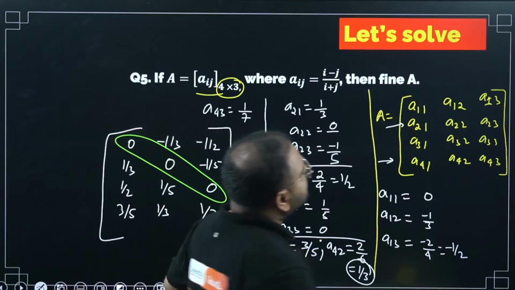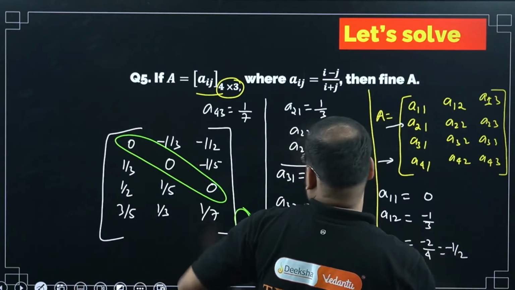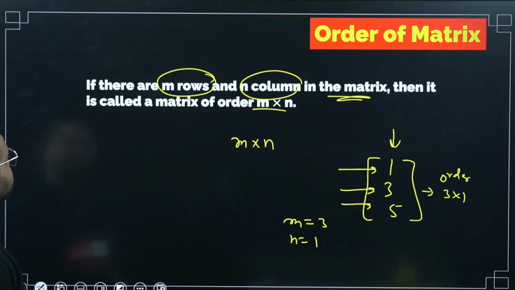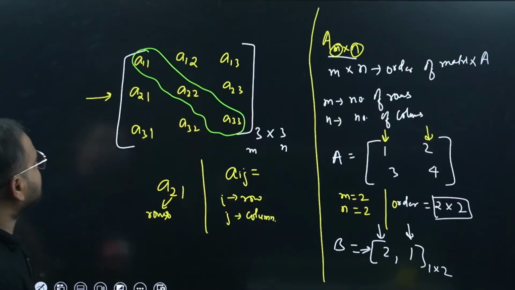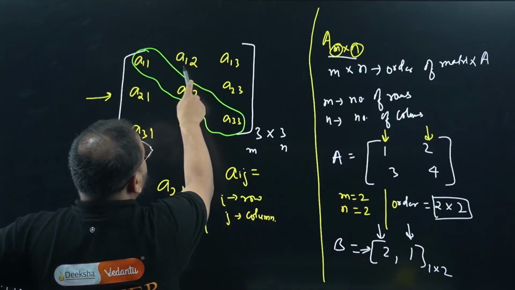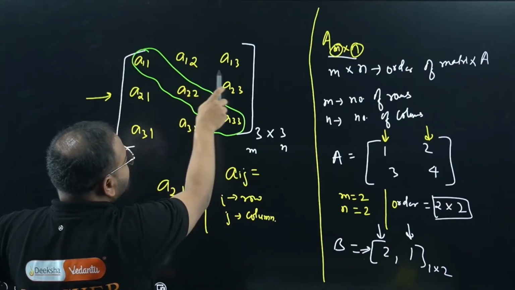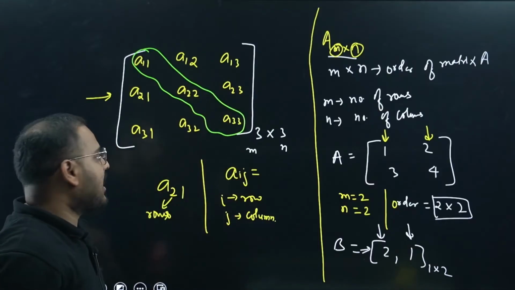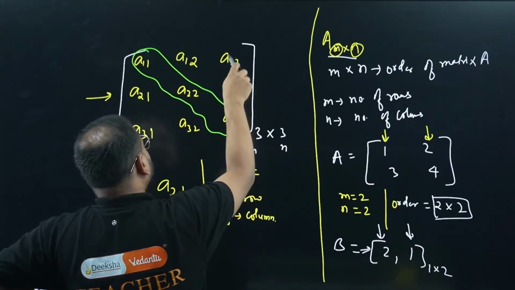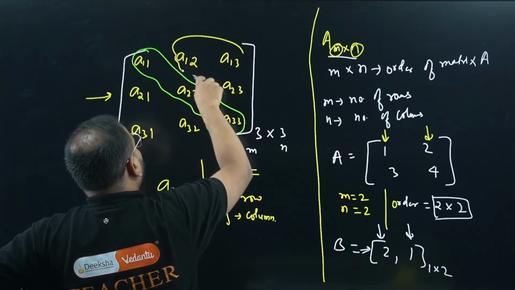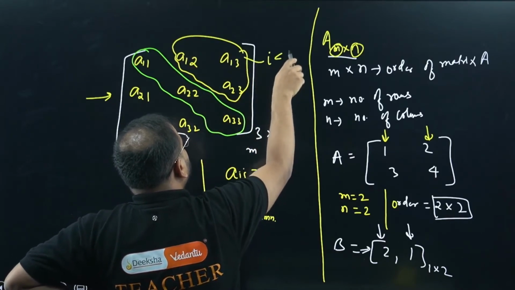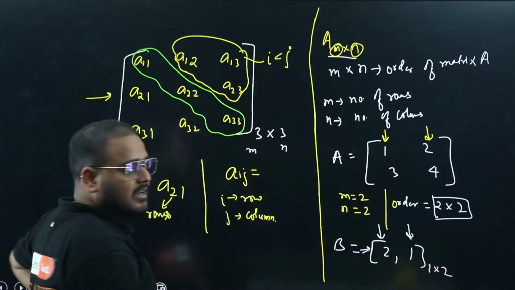Check here. We can look at a square matrix and understand better. At this place, i is 1, j is 2; i is 1, j is 3; i is 2, j is 3. If you represent only these elements, this is the case where i is less than j.